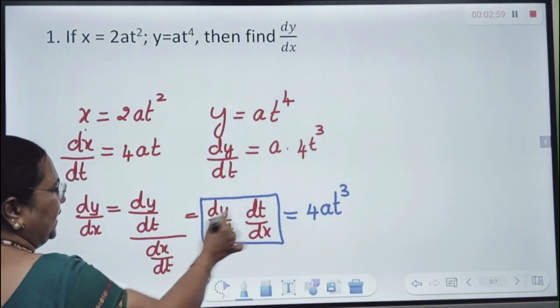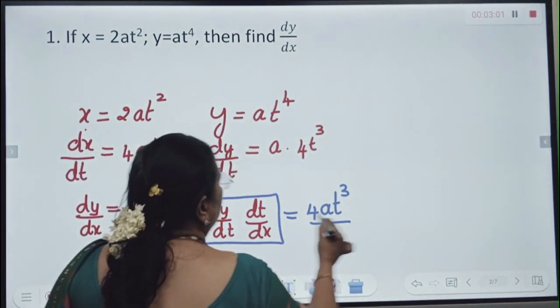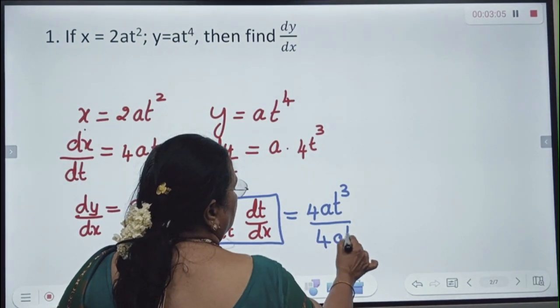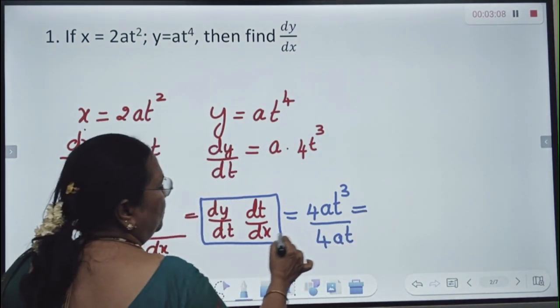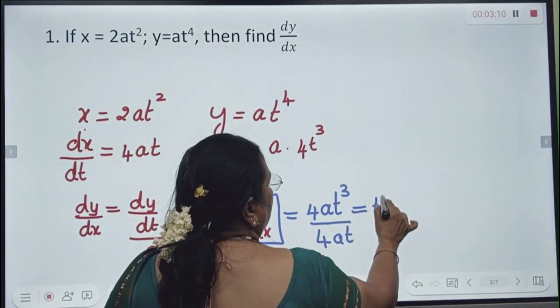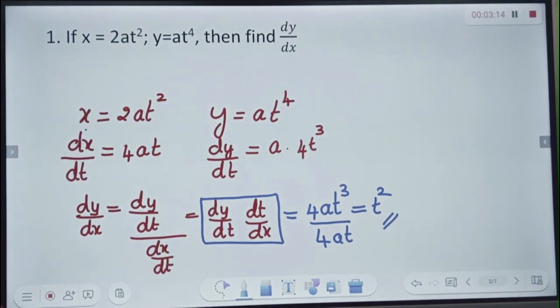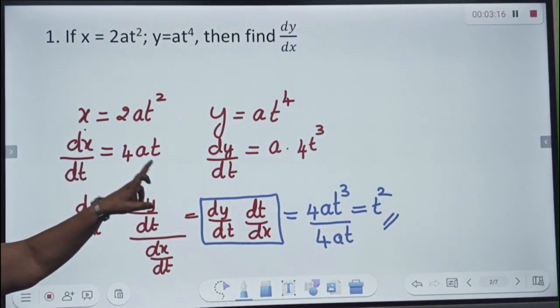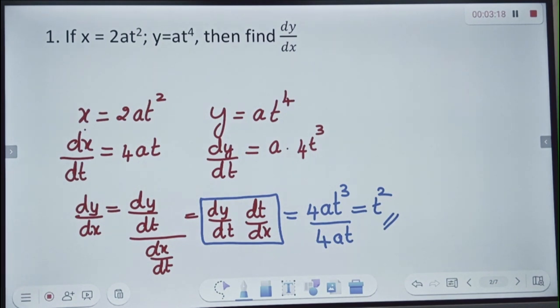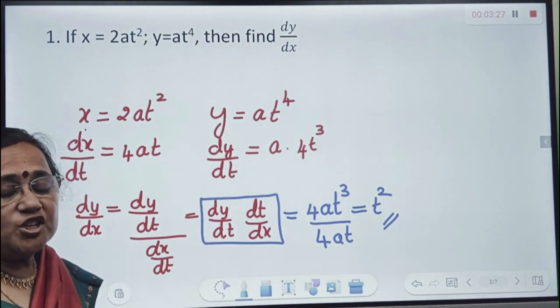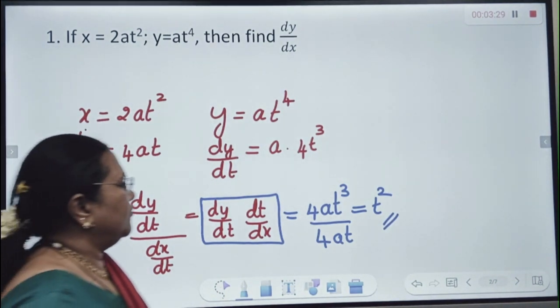So dy by dt divided by dx by dt is 4at cube by 4at, which will give me t square. So if x is 2at square and y is a t power 4, dy by dx is t square. Is it clear? Are you able to follow how to differentiate functions given in the parametric form?